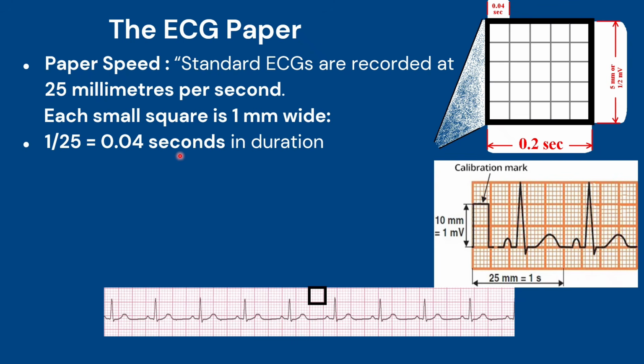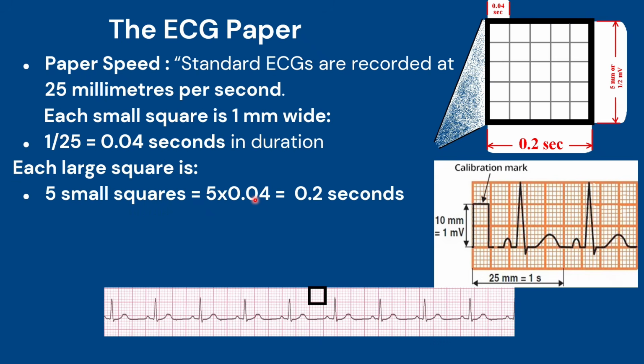And we know that each large square has 5 small boxes. So if we multiply 5 by 0.04, the duration of the large square or large box is 0.2 seconds.